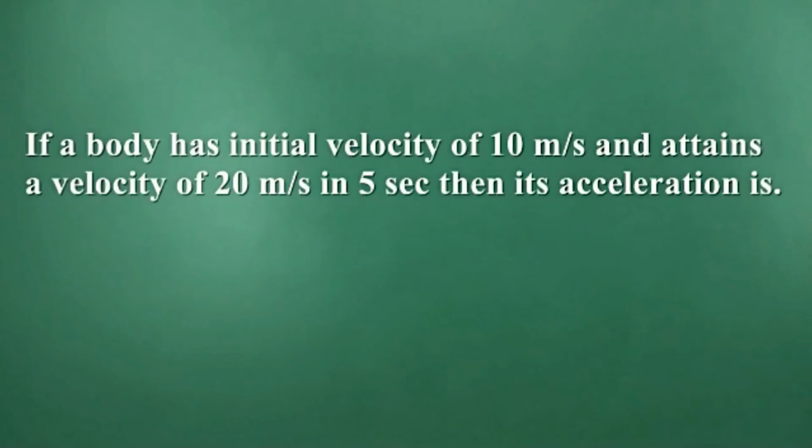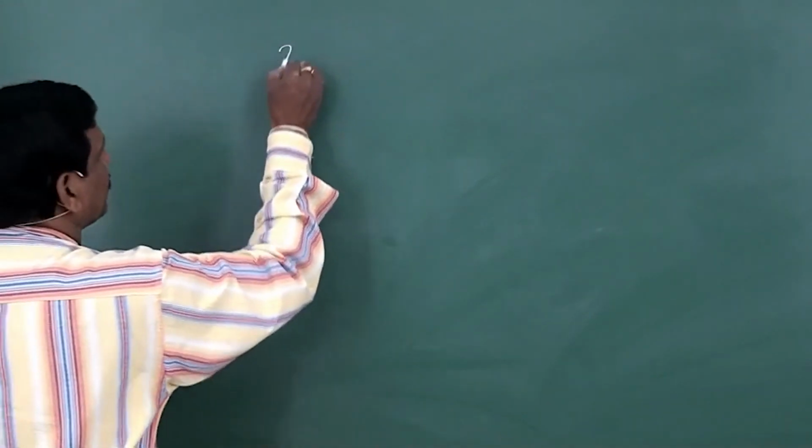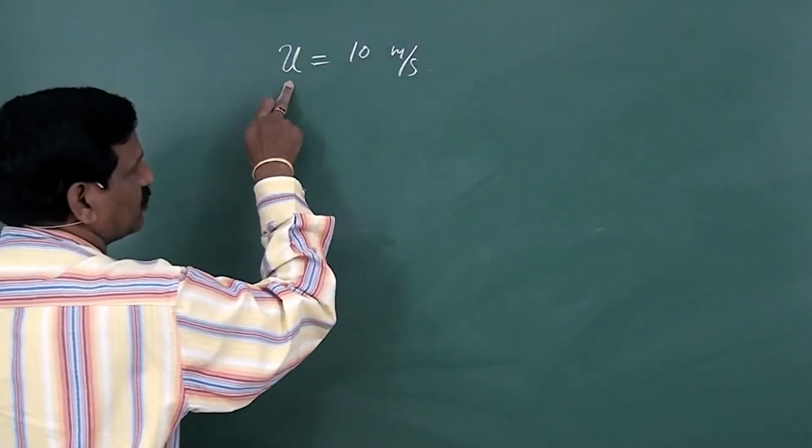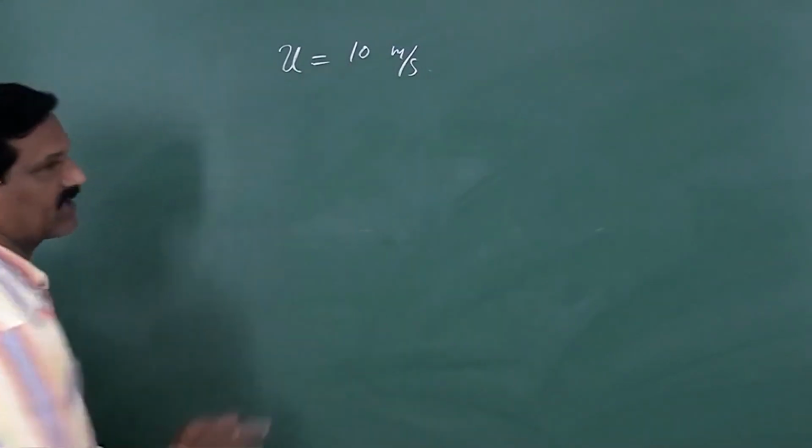Next problem. If a body has initial velocity of 10 meter per second and attains a velocity of 20 meter per second in 5 seconds, then its acceleration is. Initial velocity, that is u, is given as 10 meter per second.